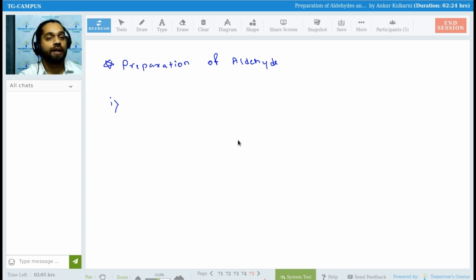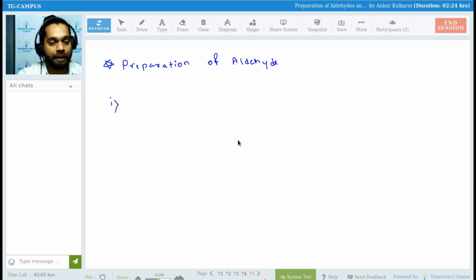Remember, write it down on the top. Oxidation means addition of oxygen or removal of hydrogen. Write it in your book. Oxidation means addition of oxygen or removal of hydrogen.